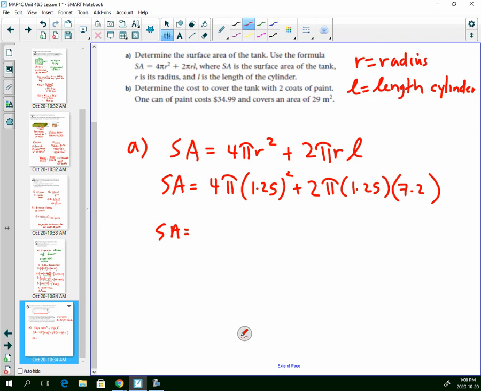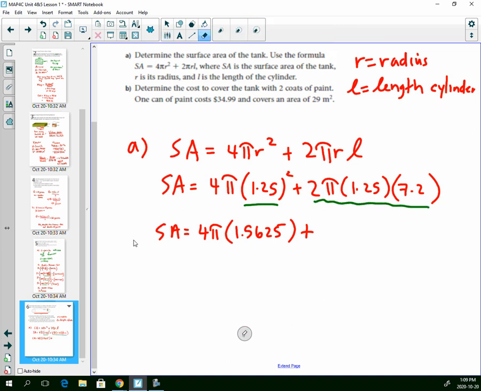So the first thing I have to do is exponents in this one. So I'm going to multiply 1.25 by 1.25. So 1.5625. In this part, I could just multiply all numbers together because I just have multiplication, right? There's no other operation, so I can just go ahead and multiply all those numbers together. So that's 56.52.